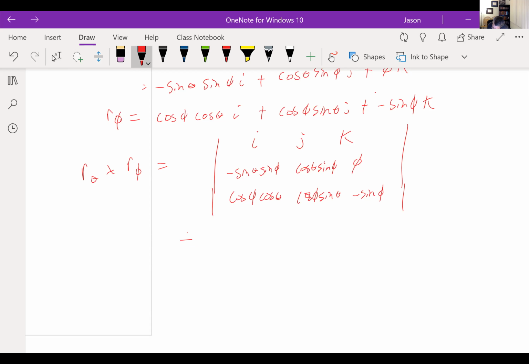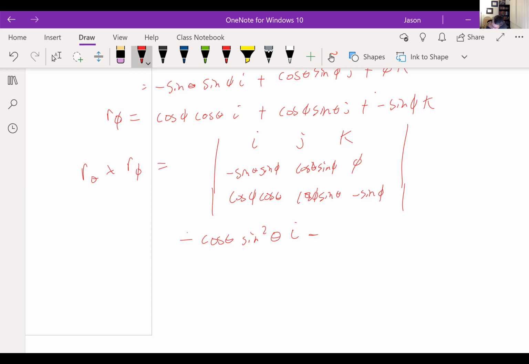This is negative, but it really doesn't matter. They're all negatives, they're going to get squared anyway in the end. So this is cosine theta sine squared phi, i.